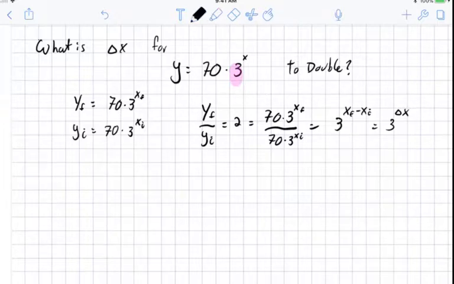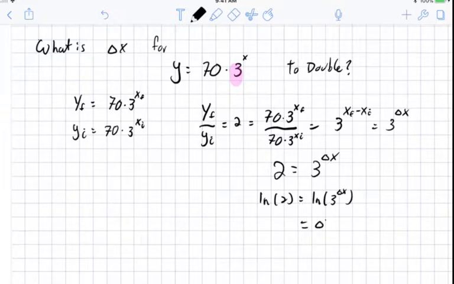I said that all exponentials double over regular intervals. Sometimes they halve over regular intervals. It depends whether you're going forward or backwards. But multiples of 2, right? Take the ln of both sides. So this becomes delta x times ln of 3 equals ln of 2.